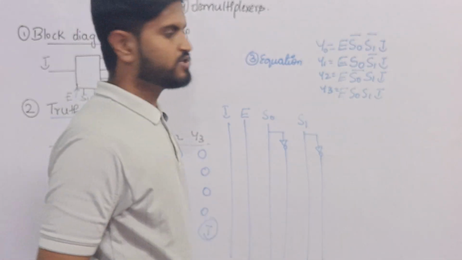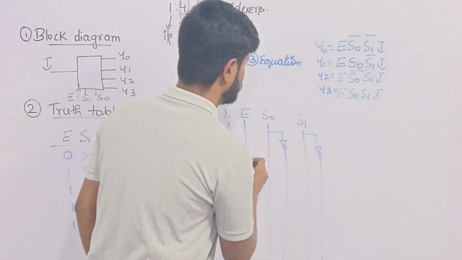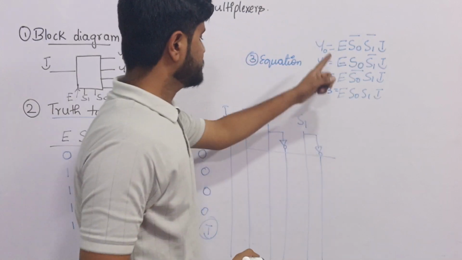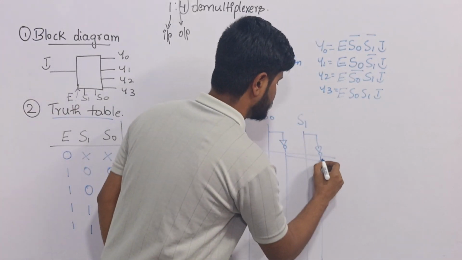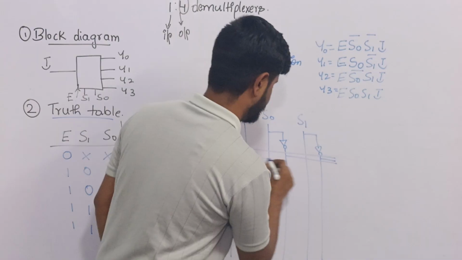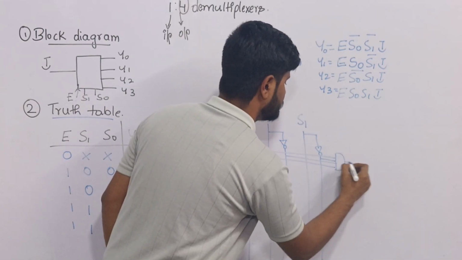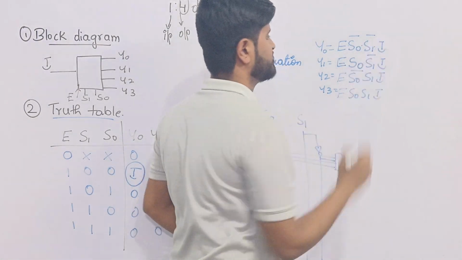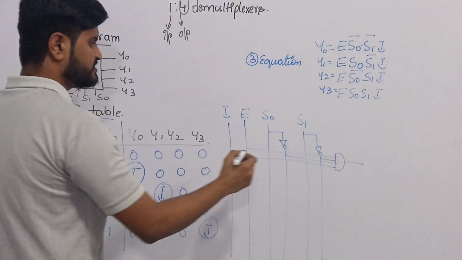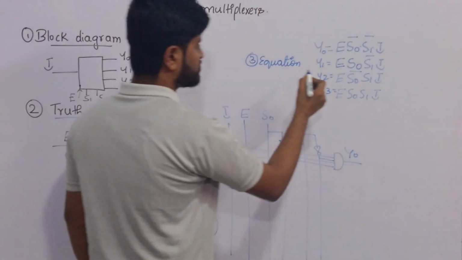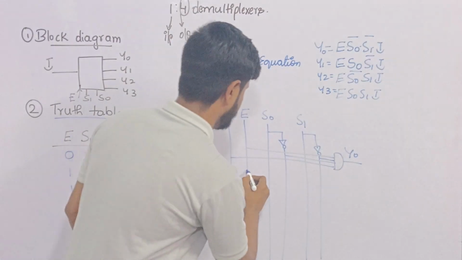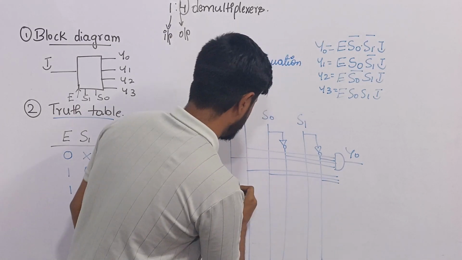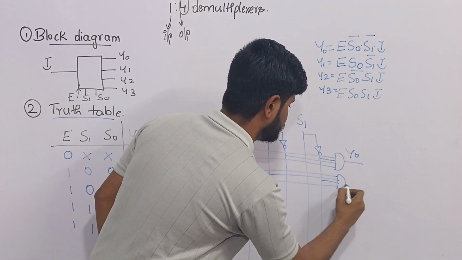Now the first one, y0, is equal to enable, S0 bar, S1 bar and I. You will connect them using the AND gate because between them is multiplication. This is for y0. Next one, y1: enable, S0, S1 bar and I using the AND gate.